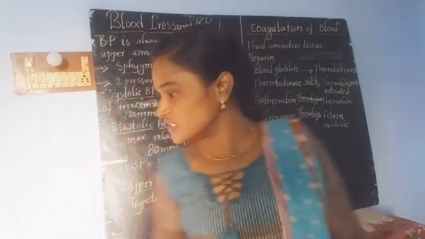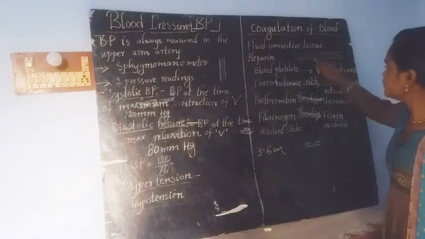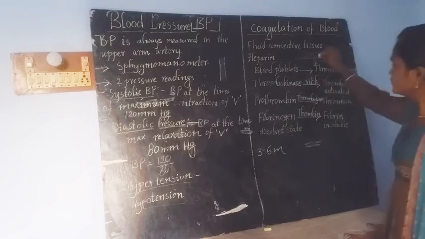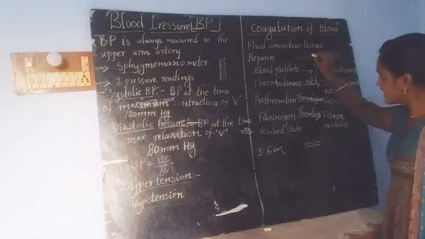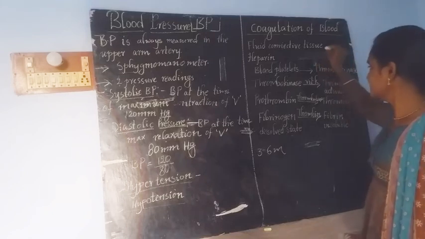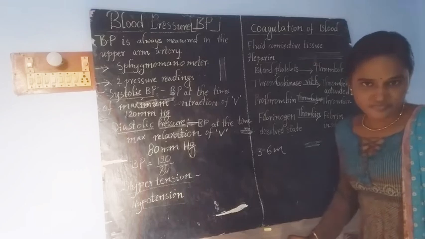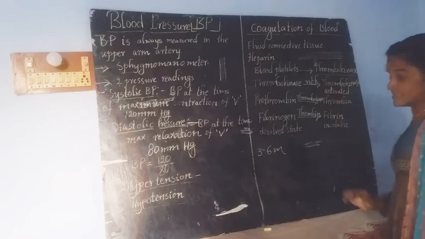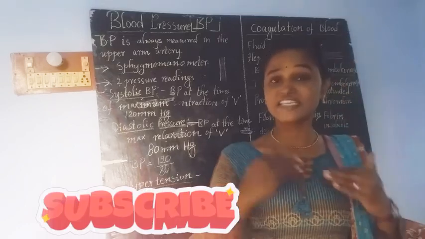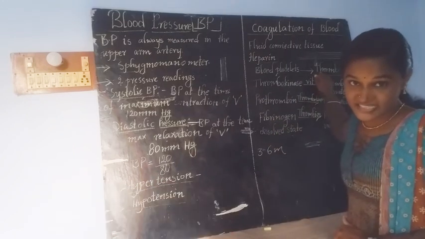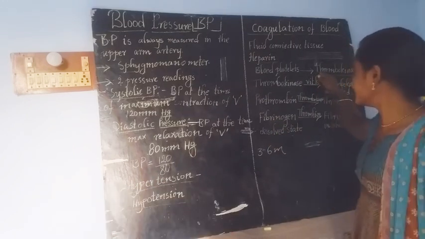Whenever we get an injury and the blood is flowing, we get bleeding near the injury. At this time, the blood platelets start releasing an enzyme. What is the name of that enzyme released by blood platelets? That is thrombokinase. Repeat with me, thrombokinase.